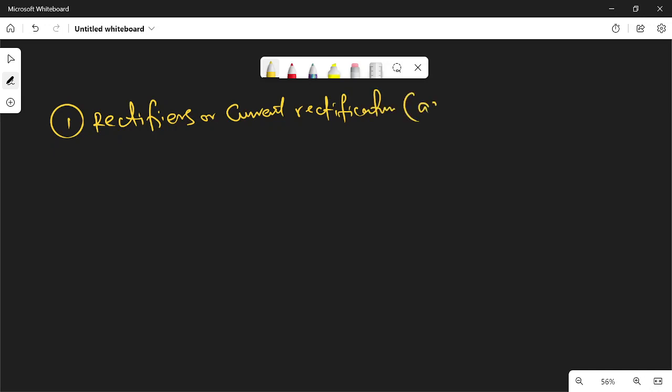From AC to DC. So you always have it in your charger. There's no way you are not going to have it, because the current coming from your socket is an AC current, a pulsating current, and when it's about to enter your phone, there is need to convert it to DC.